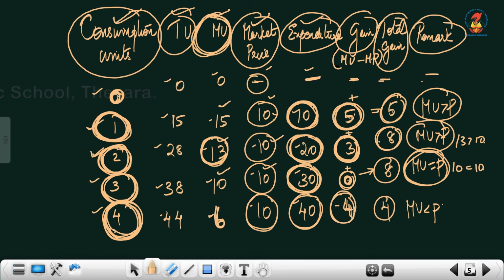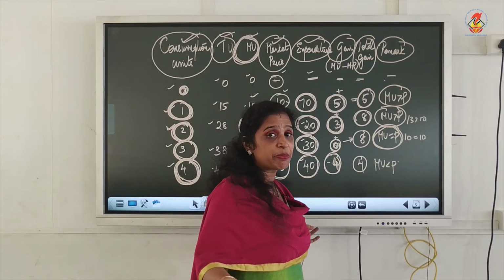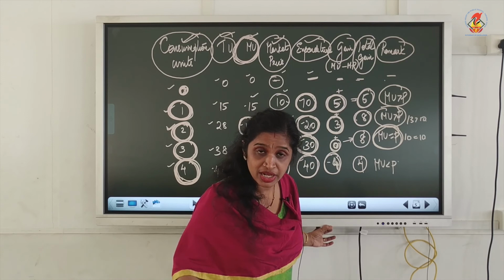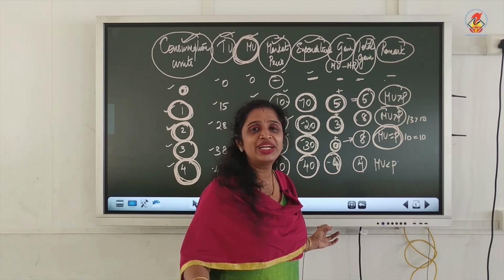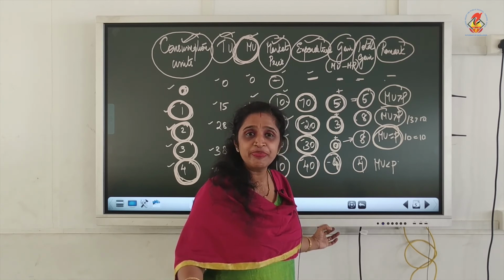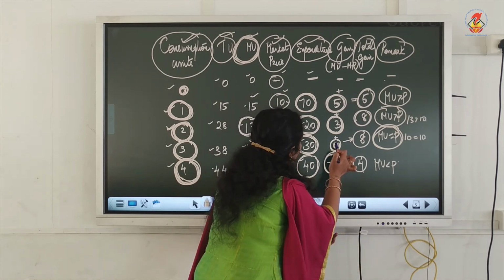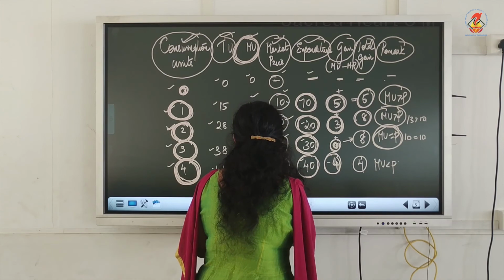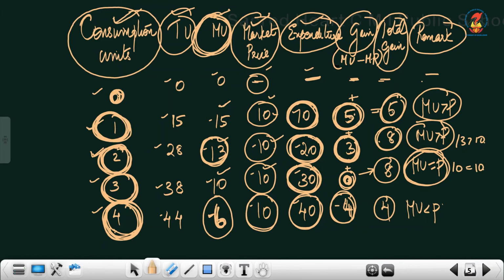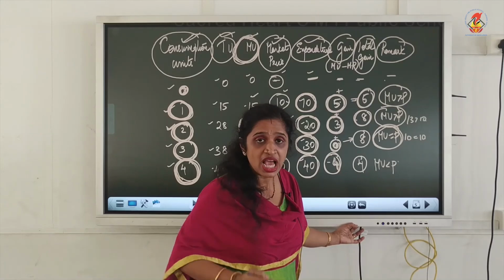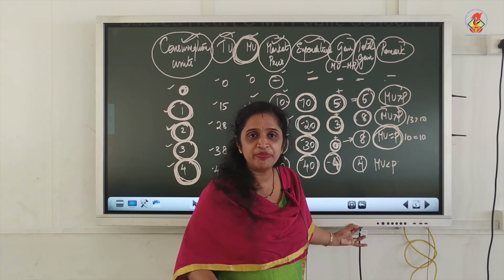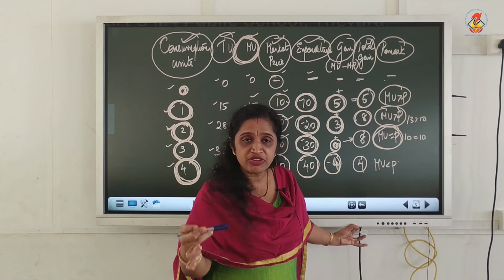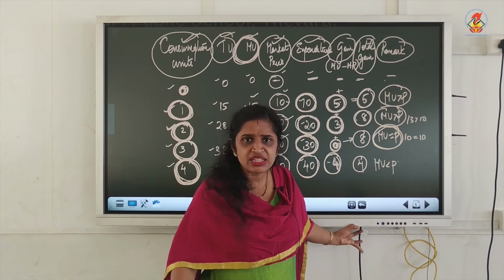You know that marginal utility after a particular point of time will become negative. You have learned the relationship between total utility and marginal utility, isn't it? Before that your gain was 0, and here you can find your marginal utility has become minus 6. Why? After a particular time period, if more and more is consumed, marginal utility will diminish. After some time it becomes negative.